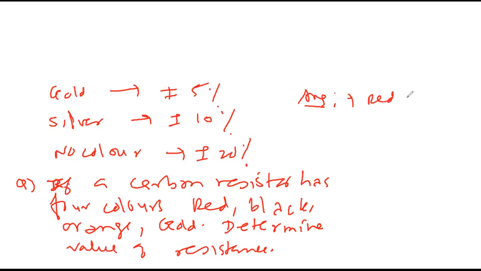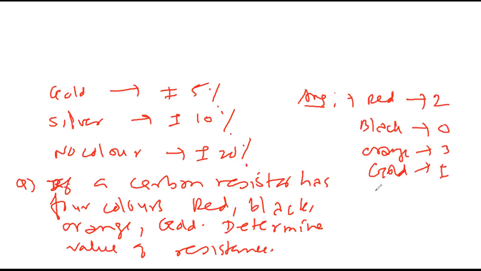Red stands for digit 2, black stands for code 0, orange stands for code 3, gold stands for tolerance plus or minus 5%. So can I say the value of resistance will be 20 into 10 raised to 3 ohm plus or minus 5%. Sometimes they will say 10 raised to 3 as kilo ohm.